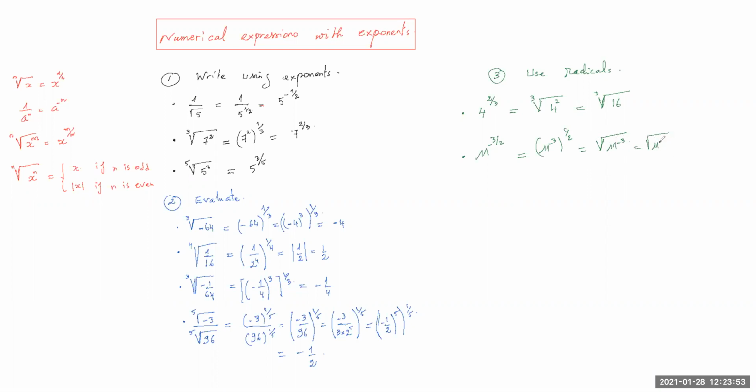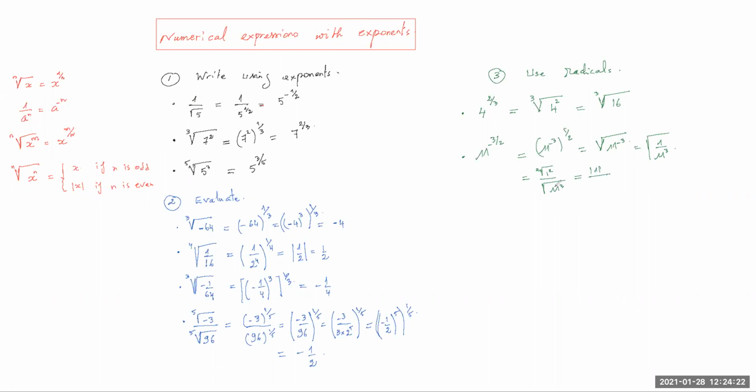Or yes, we can use the negative. Instead of keeping it like that, you can say it's 1 over 11 power 3. Then I can separate the square root of 1 over the square root of 11 power 3. Here, the square root of 1, 1 is 1 squared, I'm taking the square root, so the absolute value of 1, which is 1.